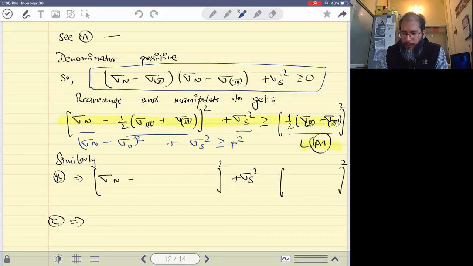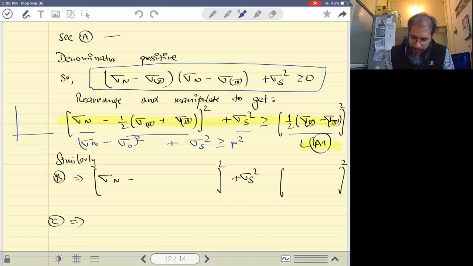The circle has a radius of sigma 2 minus sigma 3 divided by 2, and the circle has a center which is given as sigma n equals sigma 2 plus sigma 3 by 2 and sigma s equals 0. So let's try to plot this.